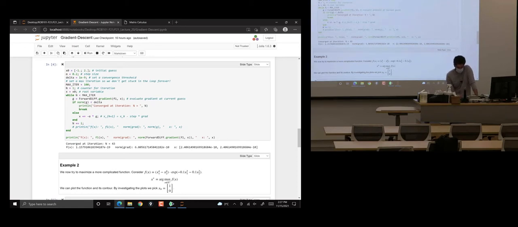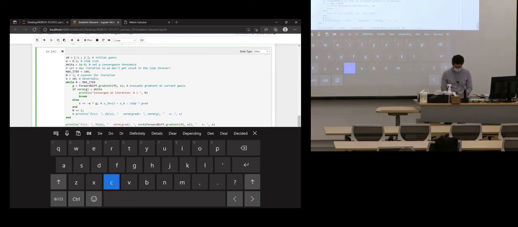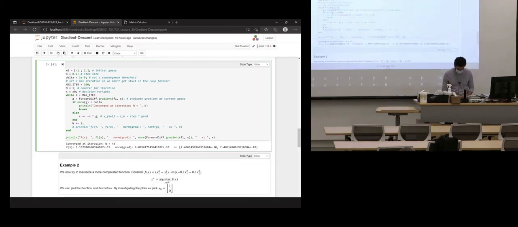I have a counter n equals 1. And my decision variable, this shouldn't be root, because I copied from my previous code. So this should be your decision variable.